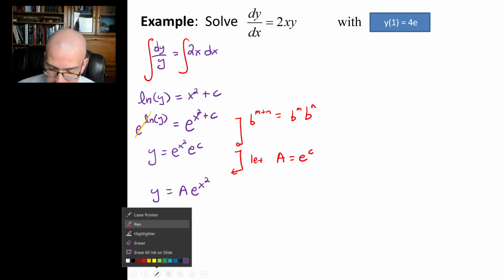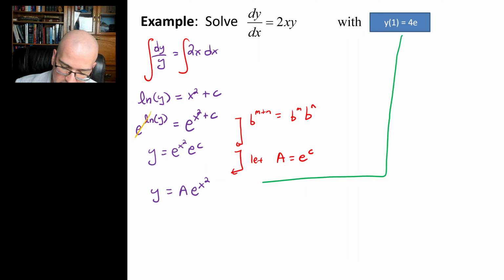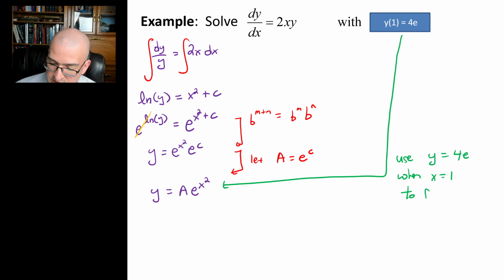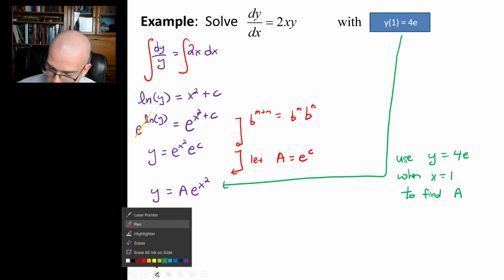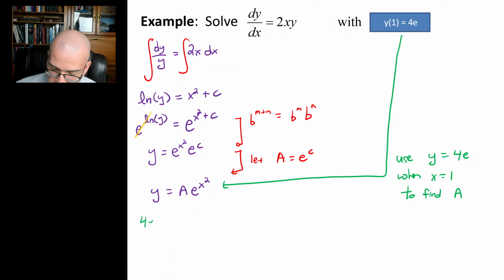And we're not done. Now we use the initial condition. Use y is equal to 4e when x is equal to 1 to find a, to find our constant. So I'm going to replace the y with a 4e. So 4e is equal to a times e to the power of 1 squared.